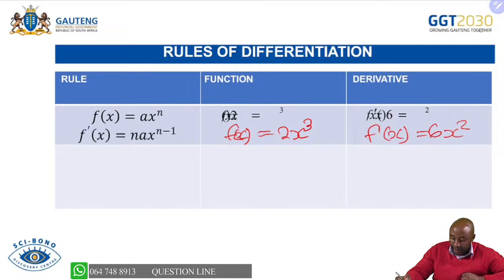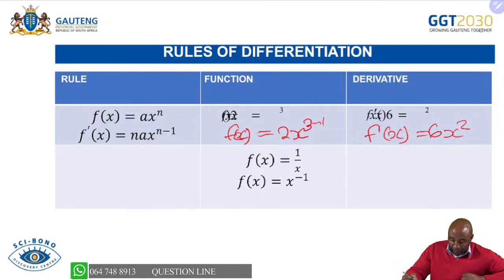We're able to see that for us to get this 6, we said 3 times 2, we got the 6, and then the exponent of 3 was reduced by 1, which is the same as 3 minus 1. So we can generalize and say the rule is given by: if f of x is a times x to the power n, then it becomes n times a times x to the power n minus 1. We are able to see that.